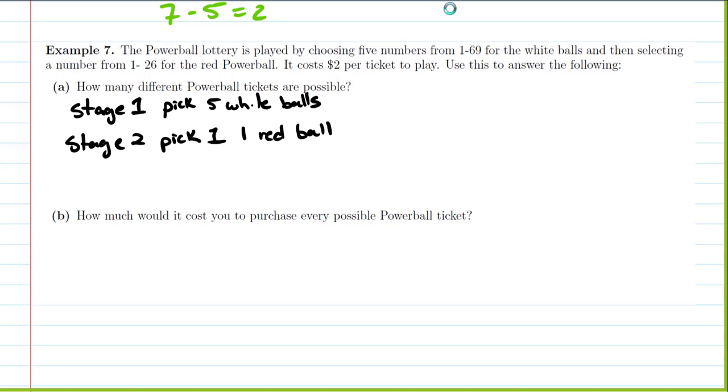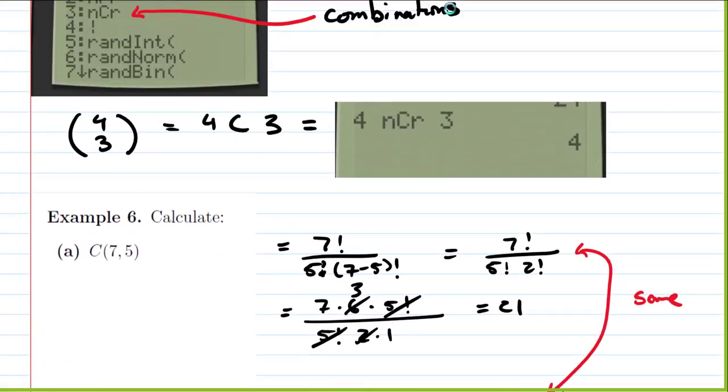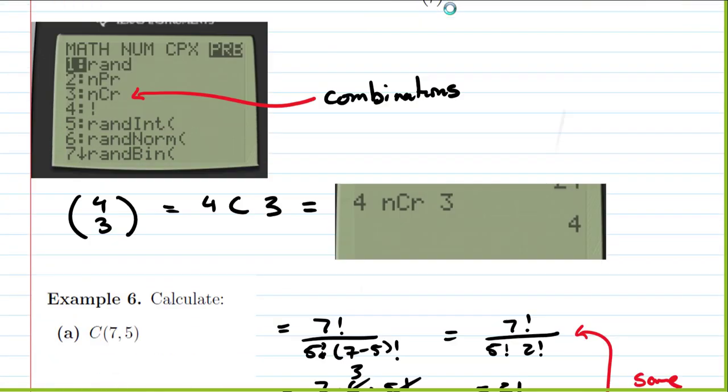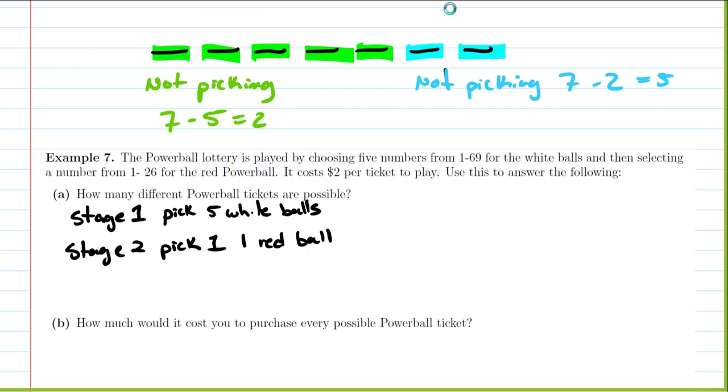Combination or permutation? It's a combination because the order doesn't matter. And as we discovered, subsets of size 5 is going to be our R, and our N is how many balls we have total. So for stage 1, we're going to have 69 choose 5. So there's 69 choose 5 ways to select 5 numbers out of 69.